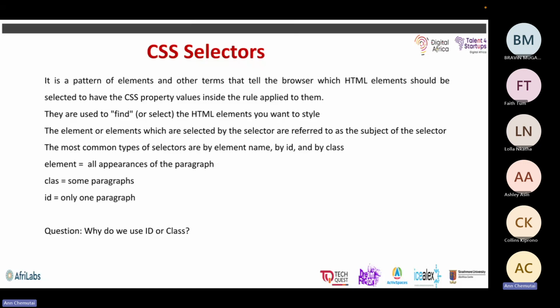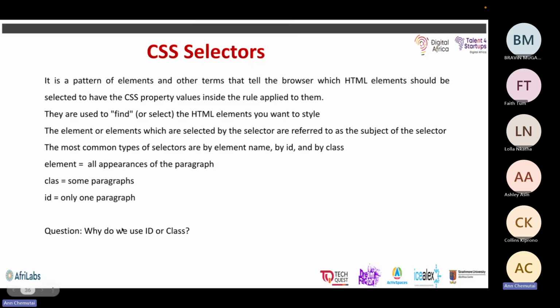Okay, and then the class is only for some paragraphs, so it's better for particular web pages, not all of them. Then ID, it's only for one paragraph, right? So that's why, really, I was going to ask you that question, why do you use an ID or class? But I think I've answered that question there.